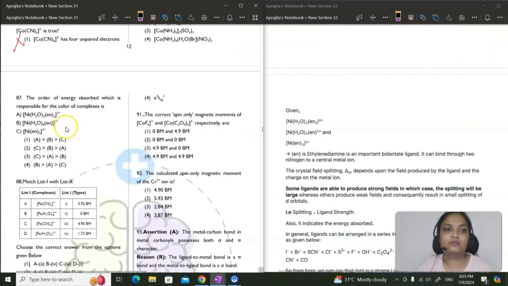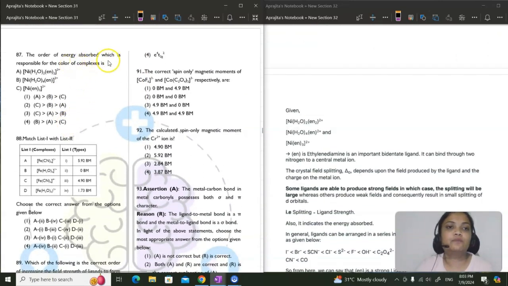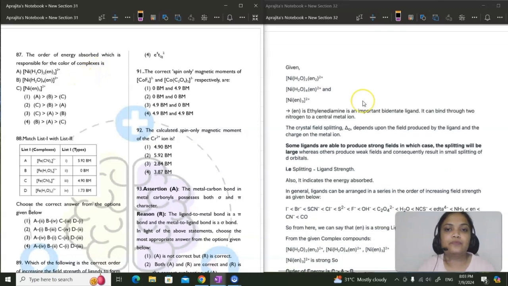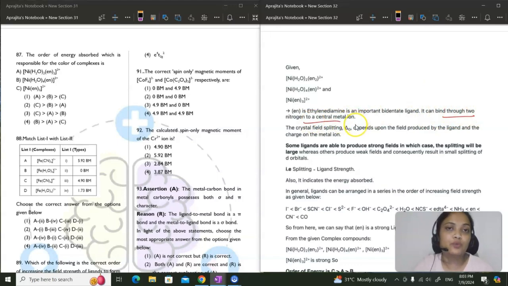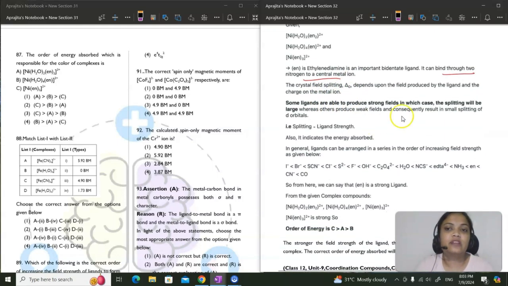Now it's 87. The order of energy absorbed which is responsible for the color of the complexes is... Here ethylene diamine is a bidentate ligand, so it can bind through 2 nitrogen atoms. That's why we call it a bidentate ligand. Now you know crystal field splitting depends on the strength of the ligand.